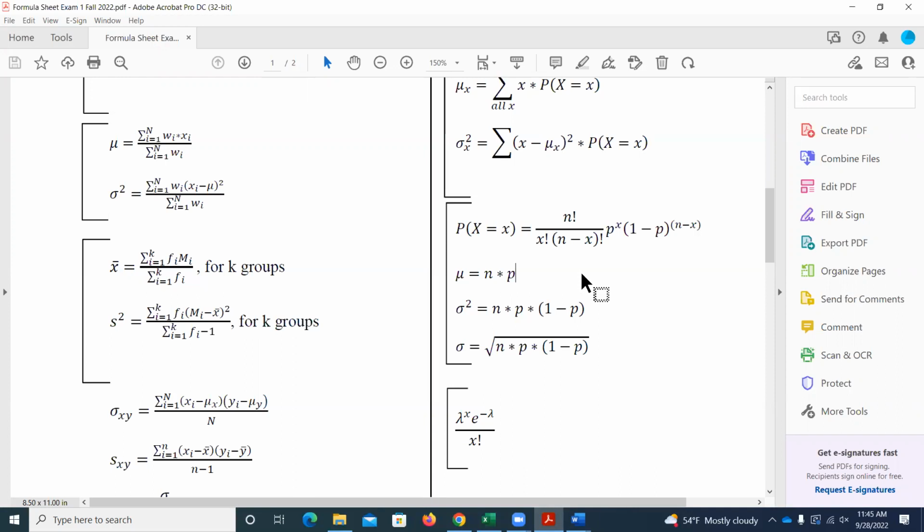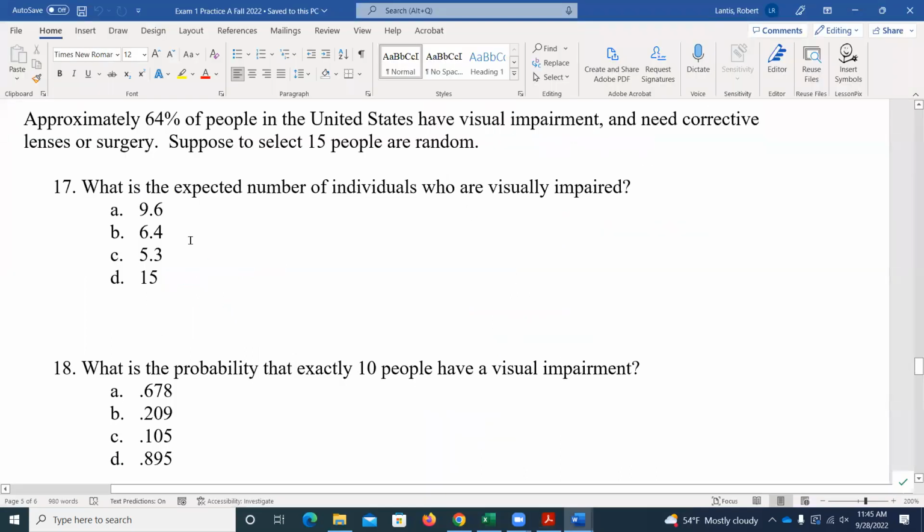It's a matter of just 15 times 0.64. It's going to be 8 something? Wait, 9 something? Yeah, 9.6. There we go. So this should be easy points. You've got that formula on there. Hopefully you remember it once we know we're dealing with this binomial distribution.